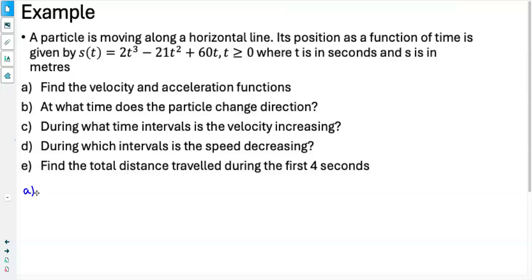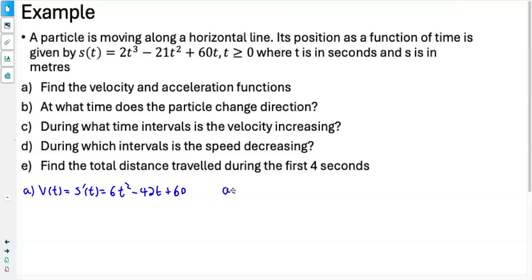Okay, so first thing is finding our velocity and acceleration function. So we know our velocity v(t) is equal to the derivative of s(t). So that would be 6t squared minus 42t plus 60.